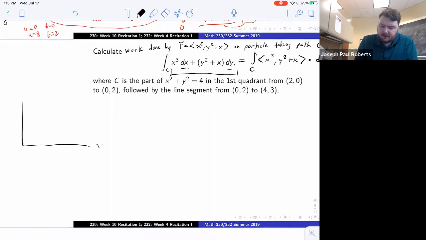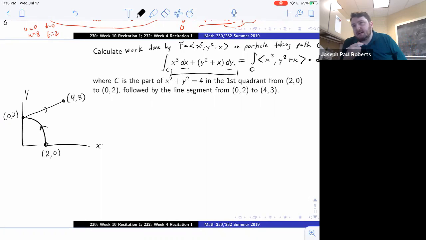So it says we're in the xy plane, and it says that we first take the first quadrant part of this circle of radius 2 from 2, 0 to 0, 2. And then we take a line segment from 0, 2 to 4, 3.